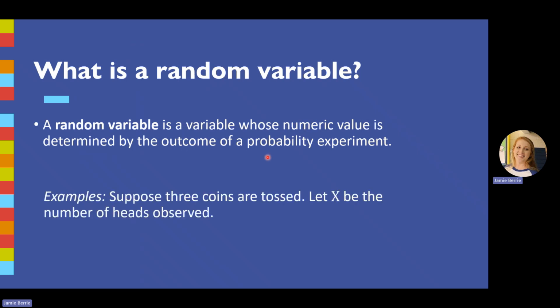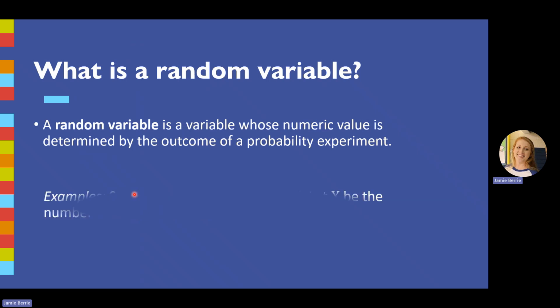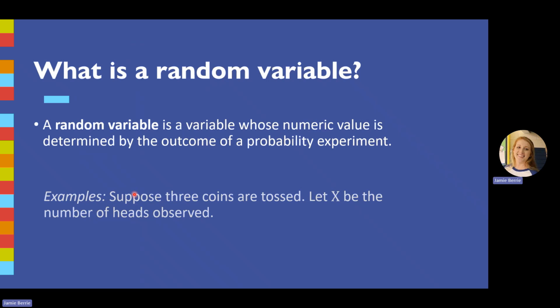All right, so an example of a random variable, suppose that we toss 3 coins. So imagine that you have a regular penny. Say we have 3 pennies. We're going to toss each one of those pennies. That's our experiment. So tossing the coins, that's the experiment.